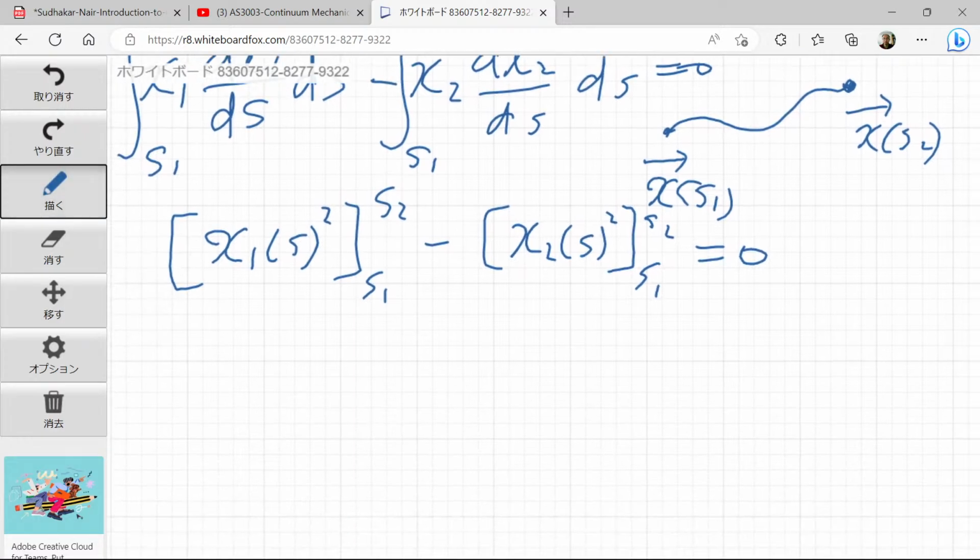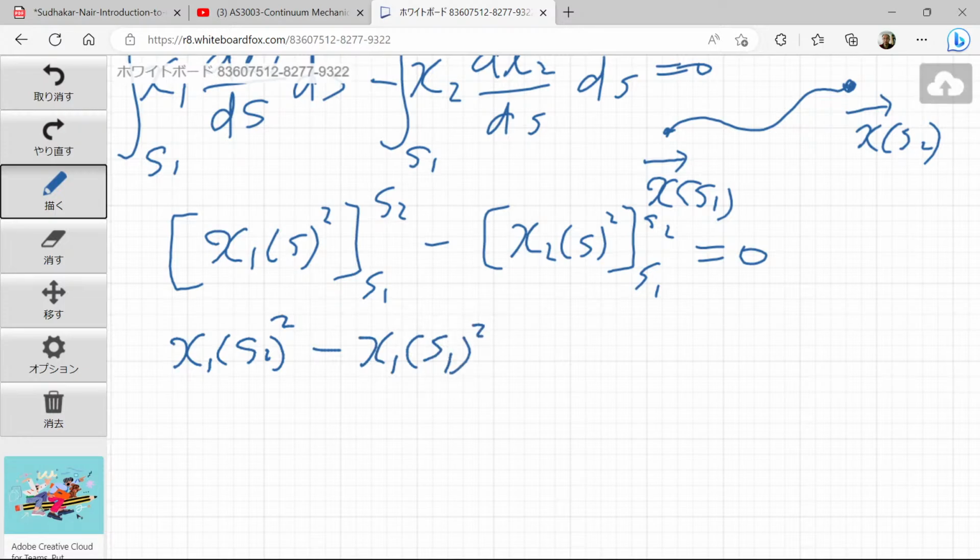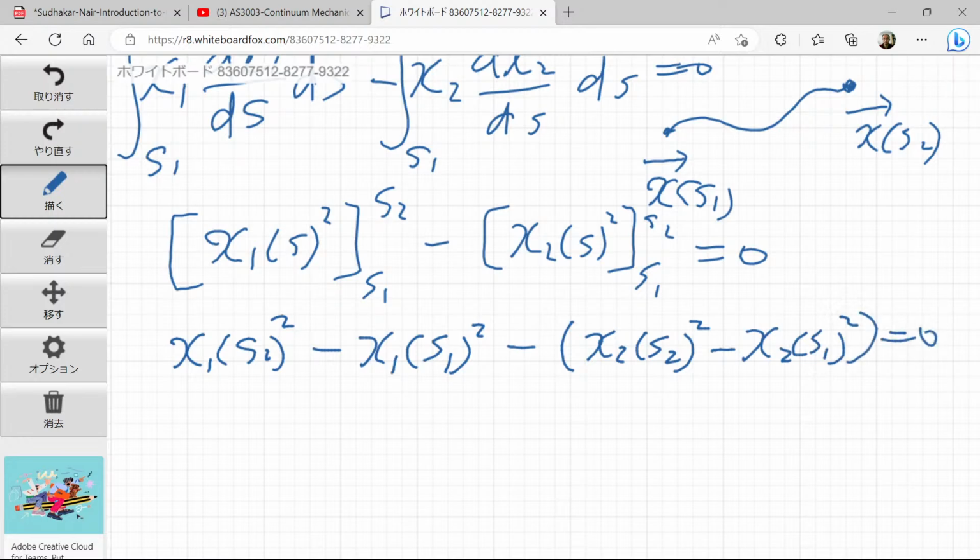So you can put x1(s2) square minus x1(s1) square minus x2(s2) square plus x2(s1) square equals 0.